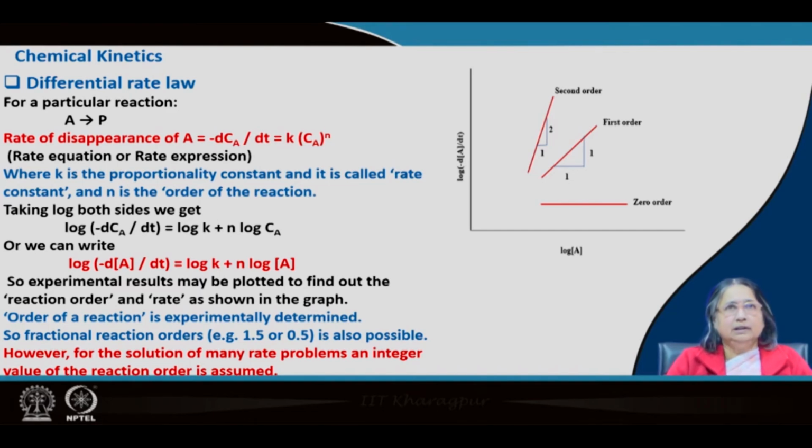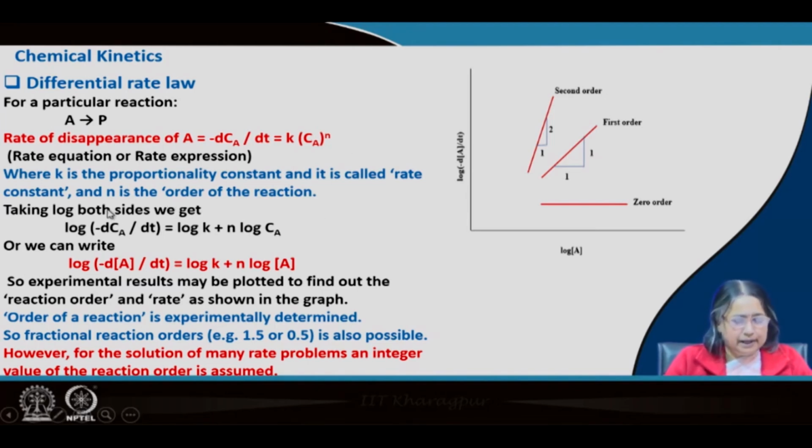Or if you express the time in hours, then moles per liter per hour. If you express the concentration in milligram per liter, then it will be milligram per liter per second or per hour. So, rate will be the same irrespective of first order, zero order or second order reactions.